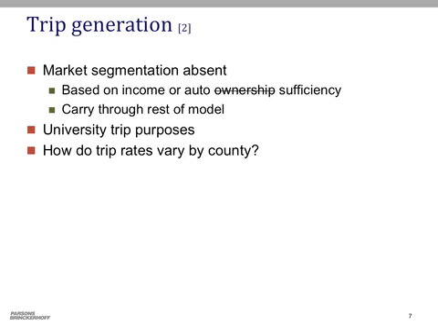And finally, something that I've clued into, and I'll talk about this in a little bit, is how much do these rates vary by county? We've always assumed that they're fairly homogeneous across the region, but I think that we have evidence now that that's probably not a valid assumption and something we should maybe pay closer attention to, especially in a region as diverse as SEMCOG.